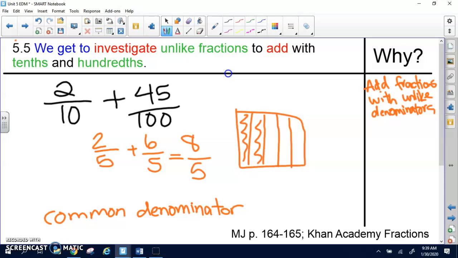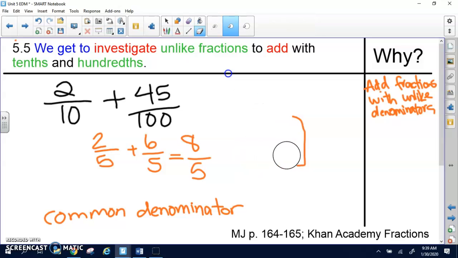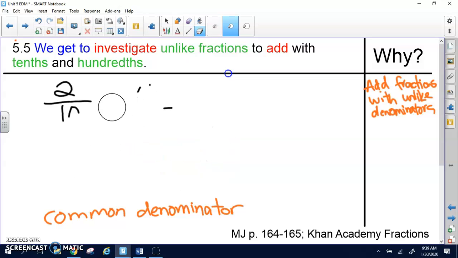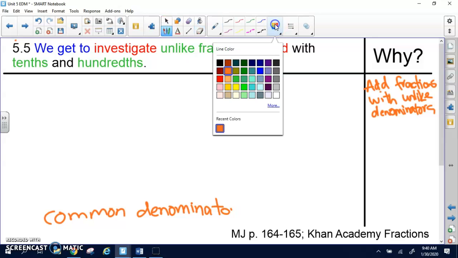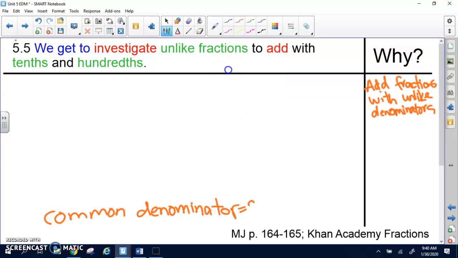So when you're thinking of common denominators, think: same whole, same size pieces.